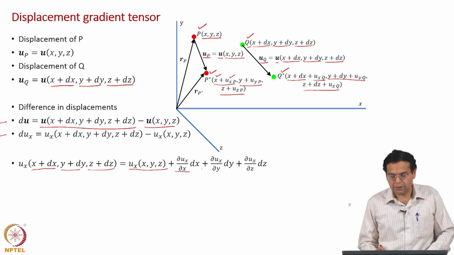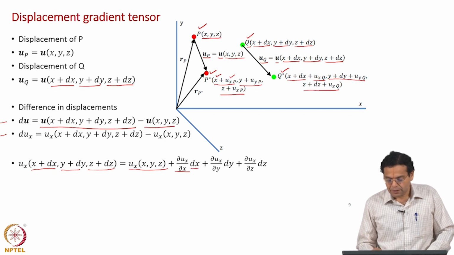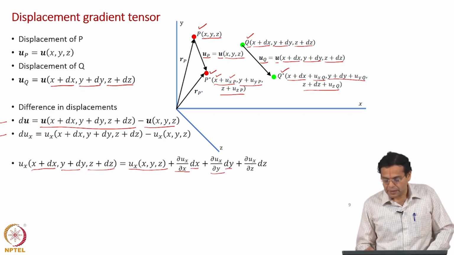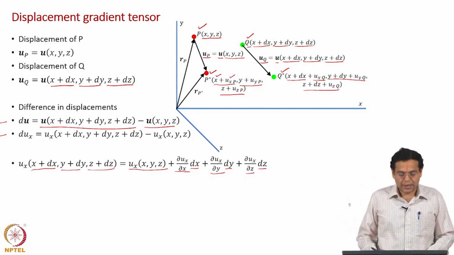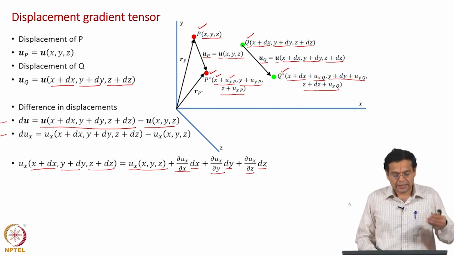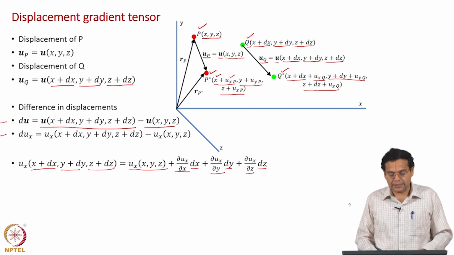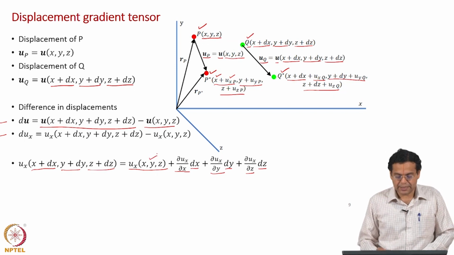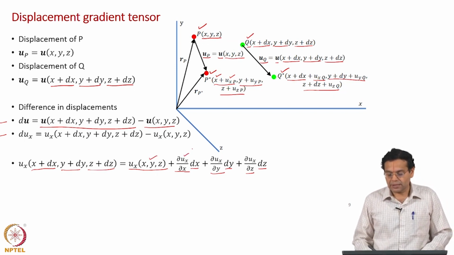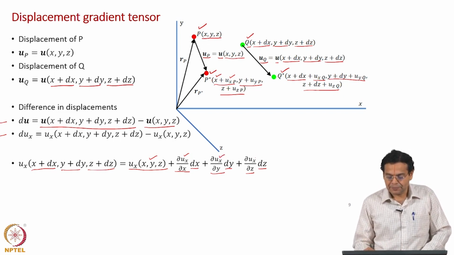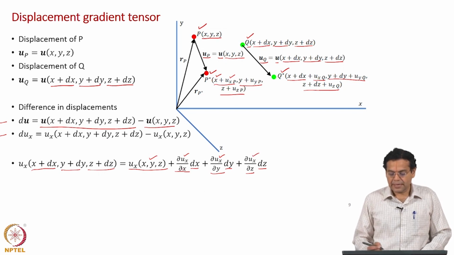So, dou ux by dou x into dx, dou ux by dou y dy, and dou ux by dou z into dz. So, what is it that I have done? Taken ux, which is the displacement of point q at x plus dx, y plus dy, z plus dz, expanded about x y z. So, the first term is ux at x y z, and then, usually the Taylor series has total derivatives, but because multiple variables are there, partial derivatives are there, and then we have dx dy dz.